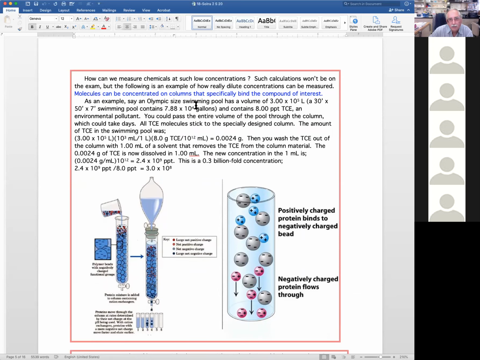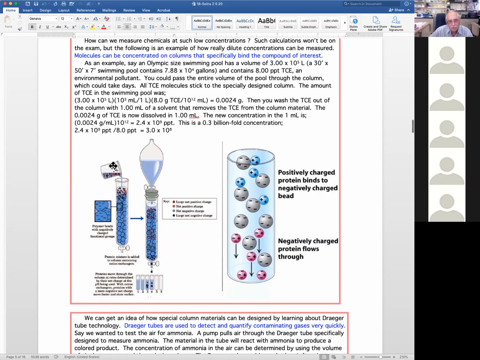Say you had an Olympic-sized swimming pool, and I calculated its volume, and it contained 8 parts per trillion of TCE. Okay. So now I want to measure this very, very low concentration of TCE in the swimming pool. How can I do that? Well, I figure out what chemistry I need to have in this column. So I can pour some through here, and every single molecule of TCE binds to that column.